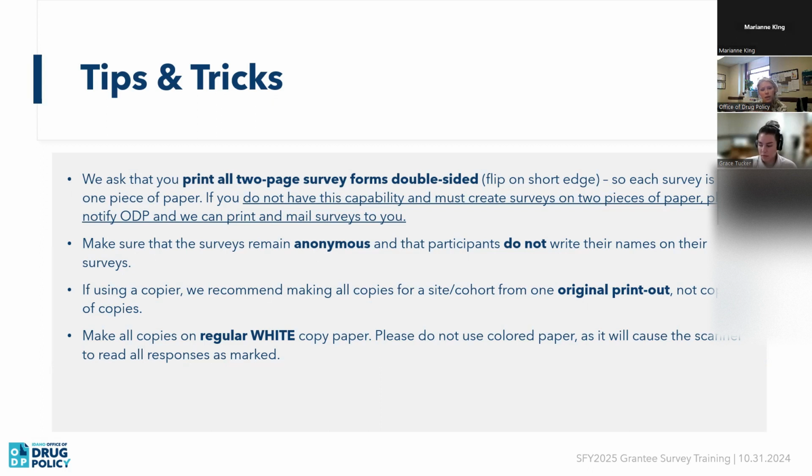So if you do want to make copies, use the original printout for that. And print out or make all copies on regular white printer paper. Don't use colored paper, as this can cause the scanning software that our optical survey scanning contractor uses to read all the responses as marked.